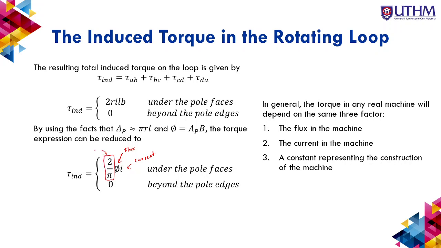Some of the books replace it as K. So it is a constant. It includes the number of coils, the number of poles, maybe the size and everything. So in general, these are the factors.